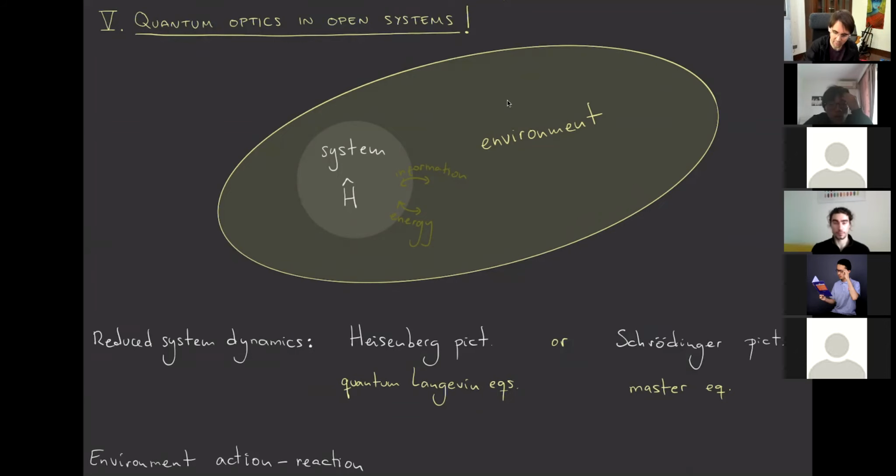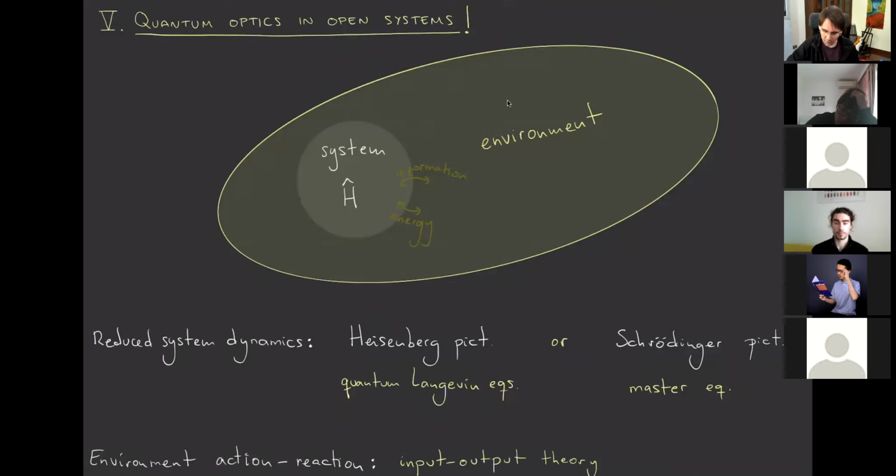And that is very easy to describe in the Heisenberg picture through something that we will start here and finish in the next chapter, which is called input-output theory. And you see that this is a very descriptive name because it tells you how the things that you input into the system through the environment come outside again, and then you observe them. So it's kind of an action-reaction theory.